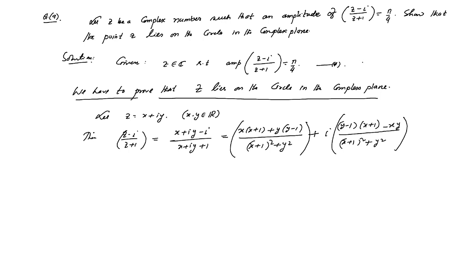Now the amplitude of (Z minus i) by (Z plus 1) equals pi by 4. So according to the given condition, tan pi by 4 equals [(y minus 1)(x plus 1) minus xy] by [x(x plus 1) plus y(y minus 1)].